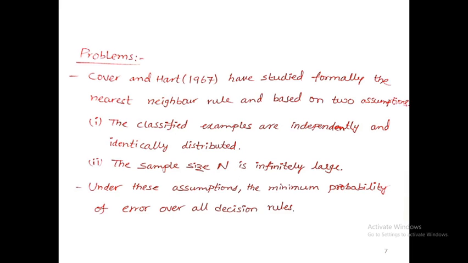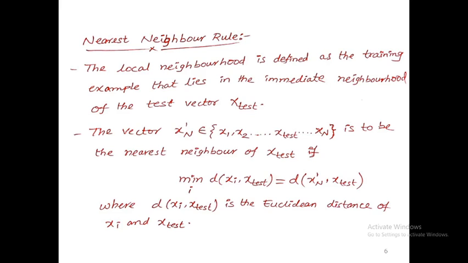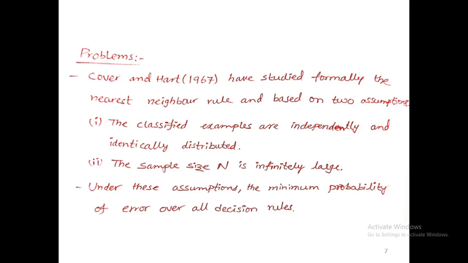So what are the problems in finding the general distance, like what we have followed? The nearest neighborhood rule. Cover and Hart in 1967 formally studied the nearest neighborhood rule, based on two assumptions.